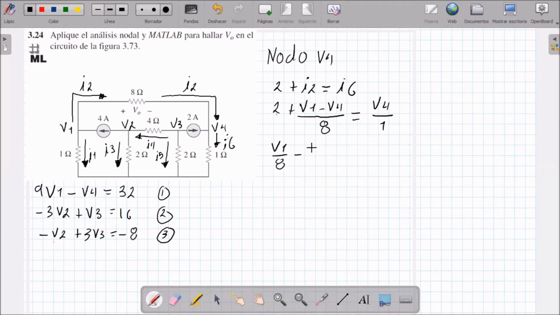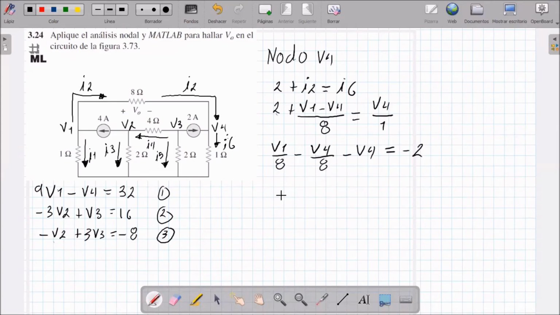So if we arrange it, it would be B1 over 8 minus B4 over 8, and this goes to the other side equals minus B4, and I'm going to pass this to the other side equals minus 2.